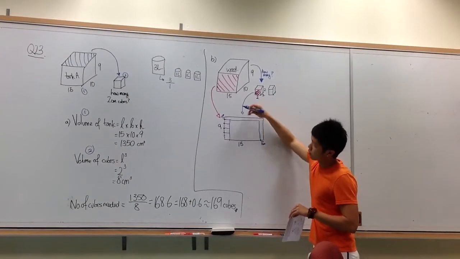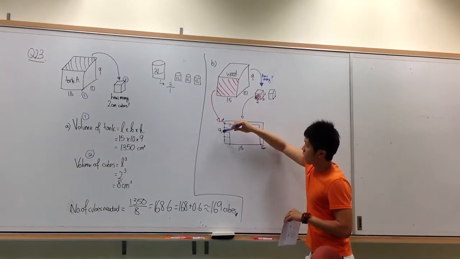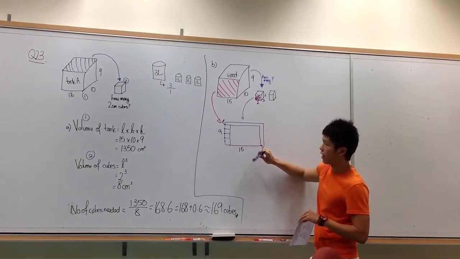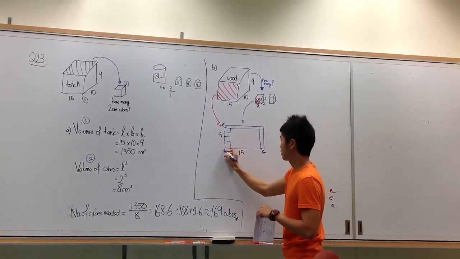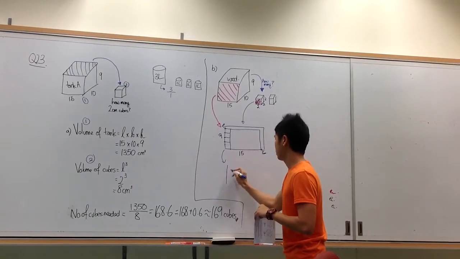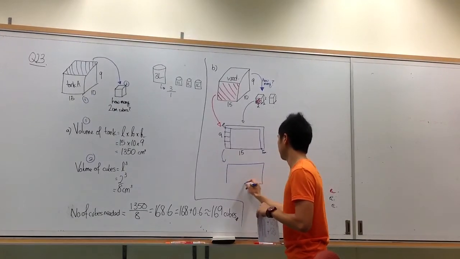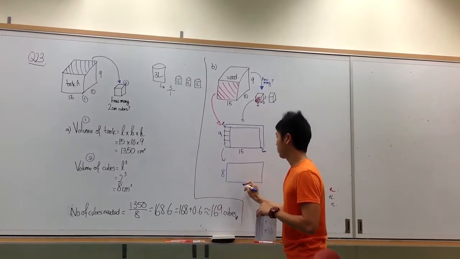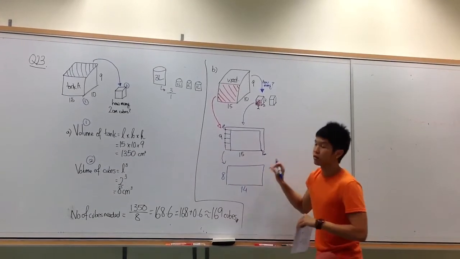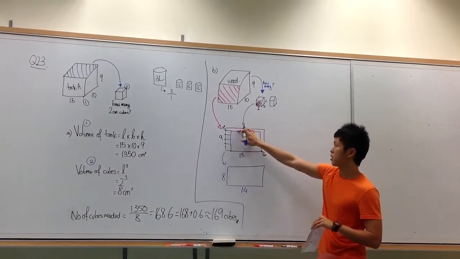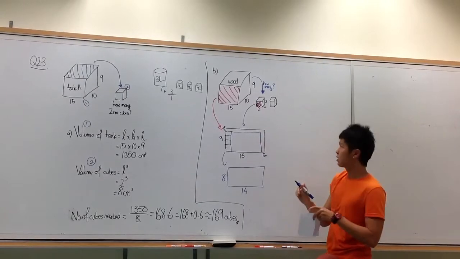Now can you see that your 9 by 15 rectangle essentially becomes an 8 by 14? Because you can't use the 1 cm sides.